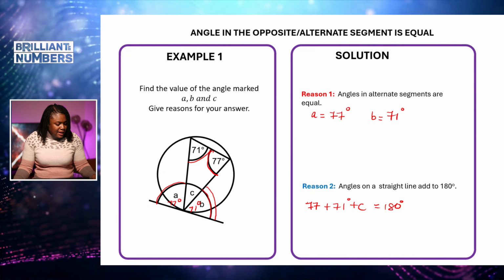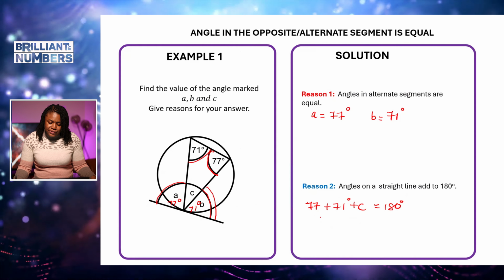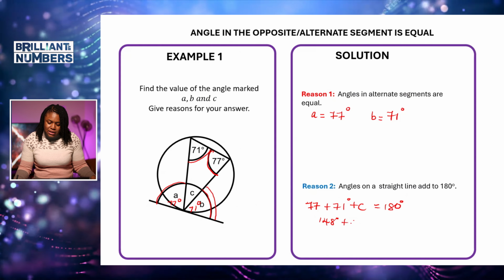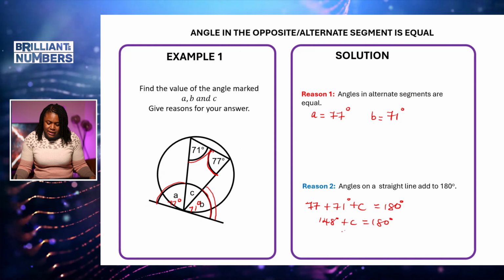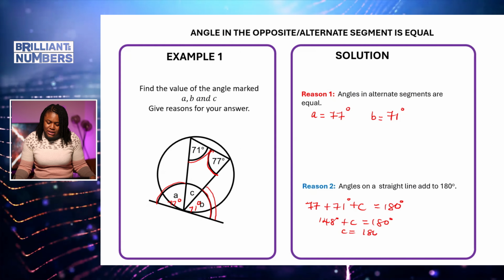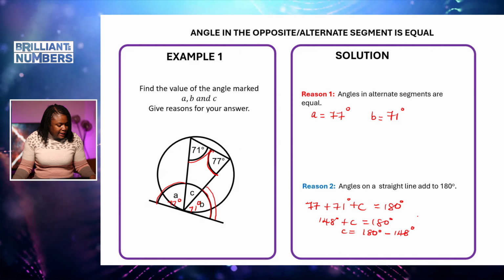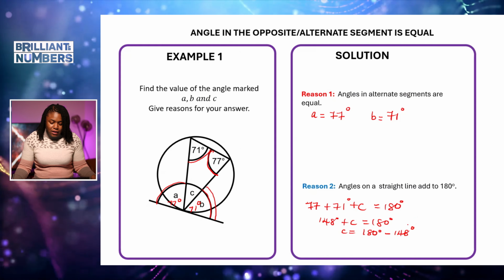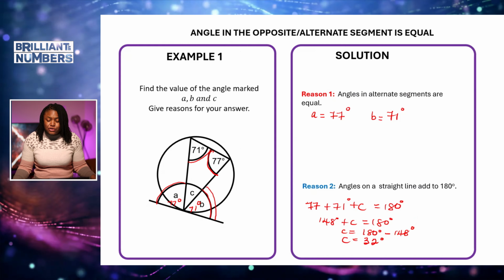So 77 plus 71 gives us 148, plus C equals 180. Final step, C will be equal to 180 degrees take away 148. And the answer is C is 32 degrees.